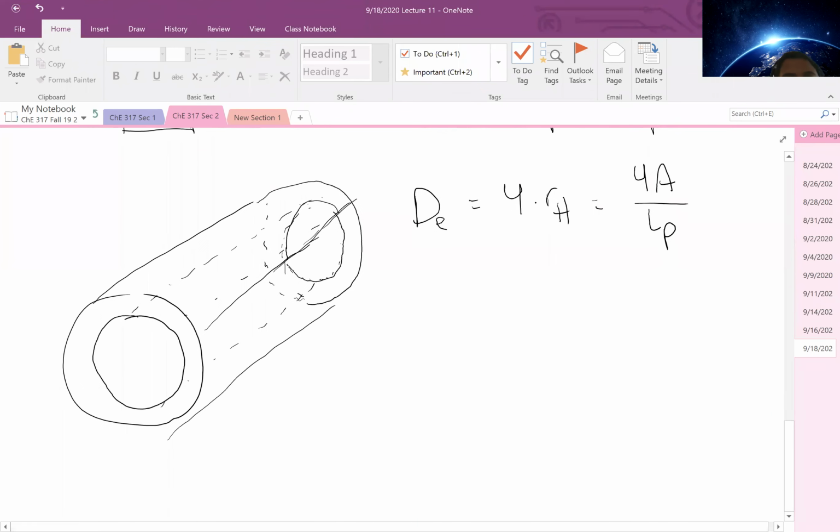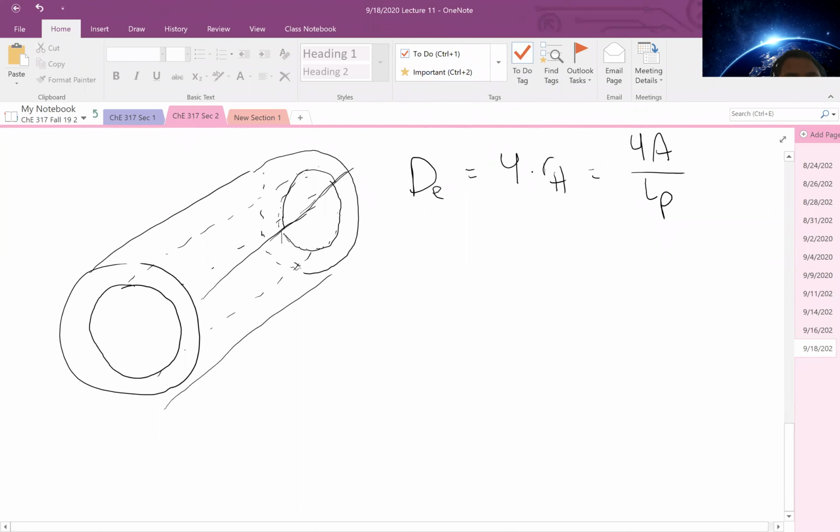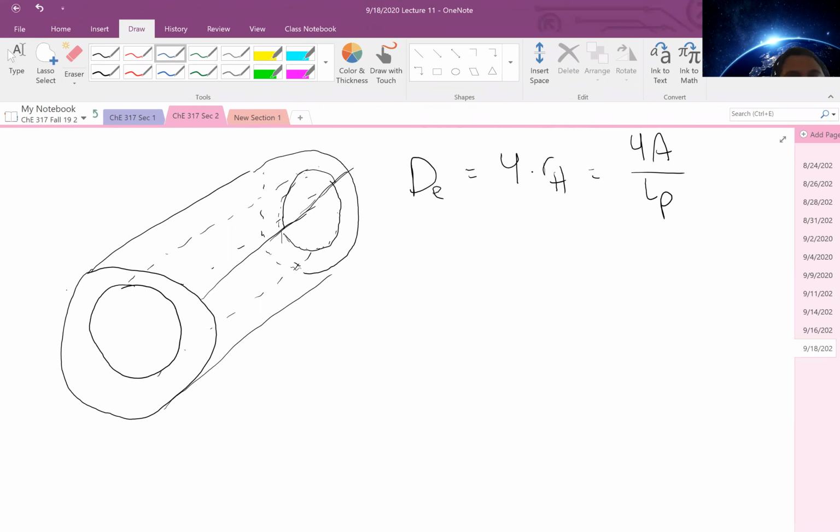Which is essentially if I've got flow in this secondary, this is going to get messy, I apologize, outer region, where I have some inner diameter d sub I and an outer diameter d sub 0.